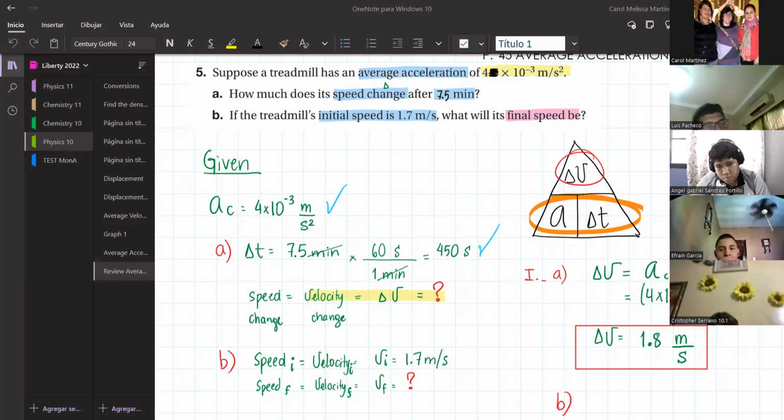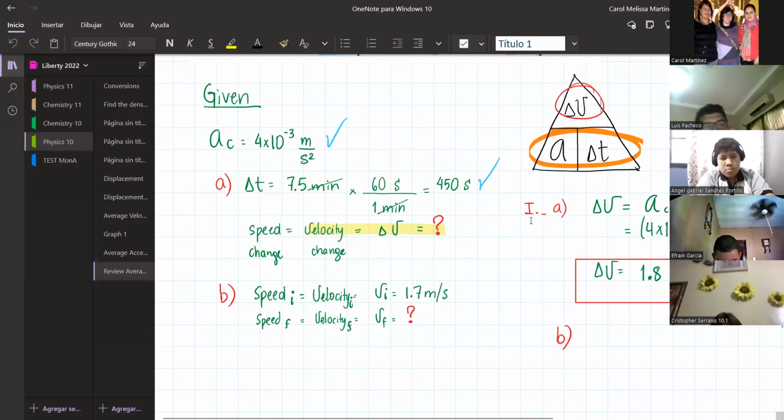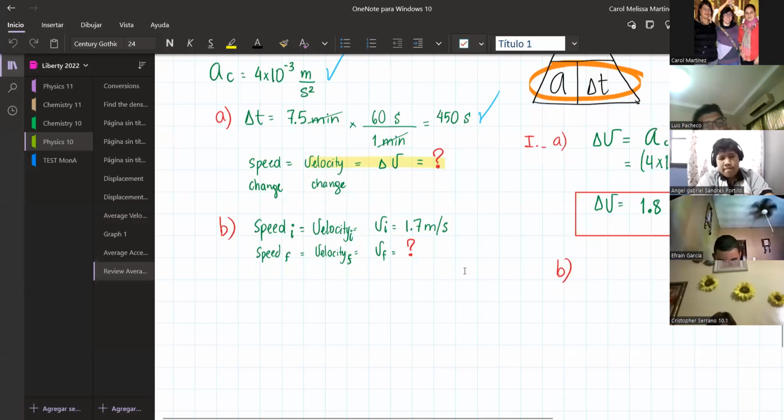Okay, first, we need to understand how we find the final velocity.